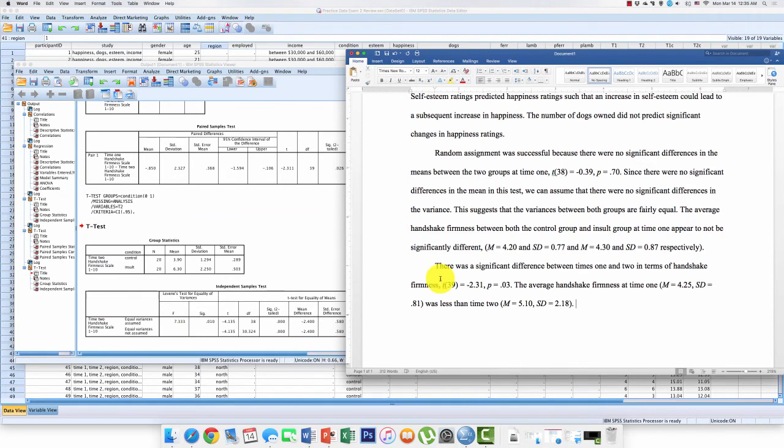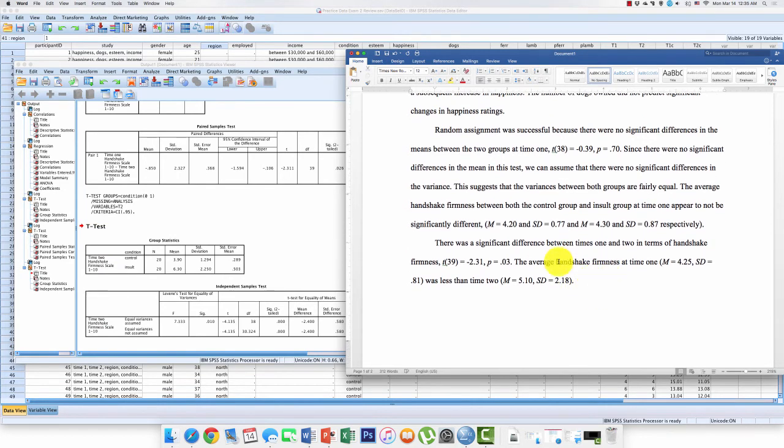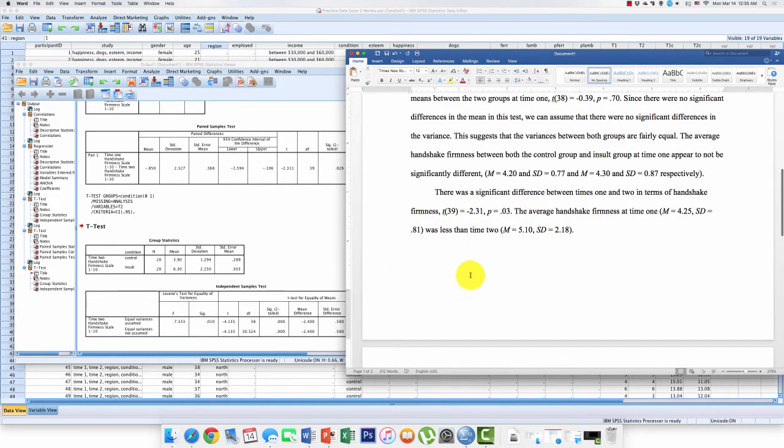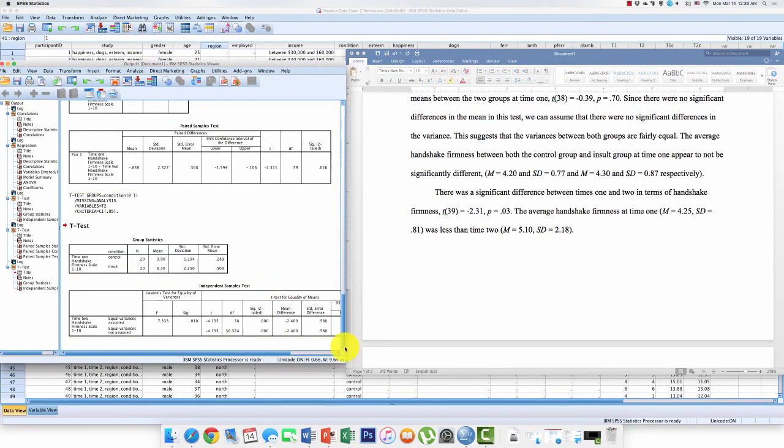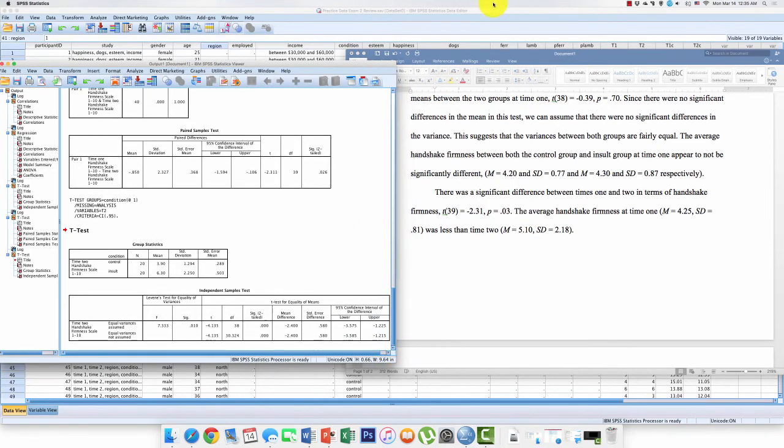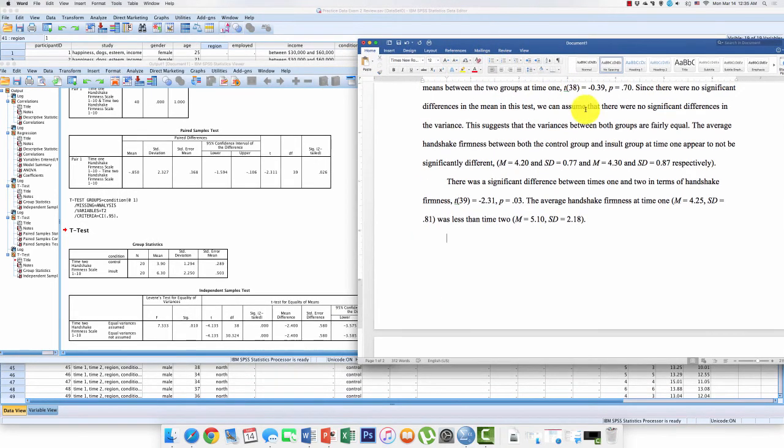So that's that part. Going on to the third part, we're going to talk about the differences between the conditions at time 2 now. So we're going to write, there was a significant difference between both groups with respect to handshake firmness.